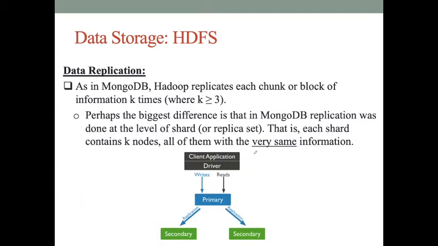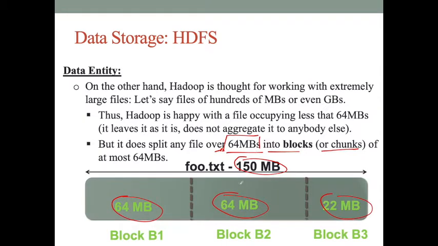And now the replication. This is just how we can distribute files into my cluster. In this case, we're assuming that we can have three different machines or nodes, one for this block, another for this one, and another for this one.